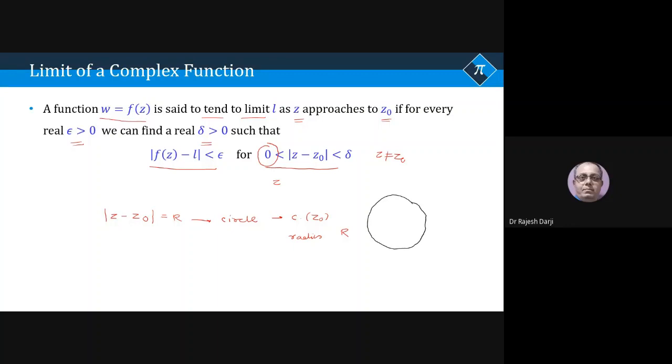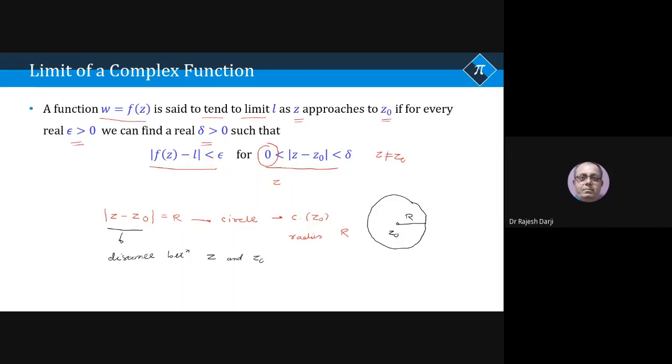If you draw this circle, just we try to understand what we are going to. So this is the circle, center z0 and radius r, exactly equal to 1. So in other way, |z minus z0| is the distance between z and z0.